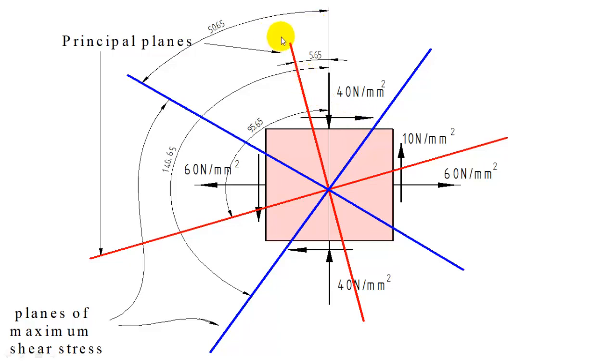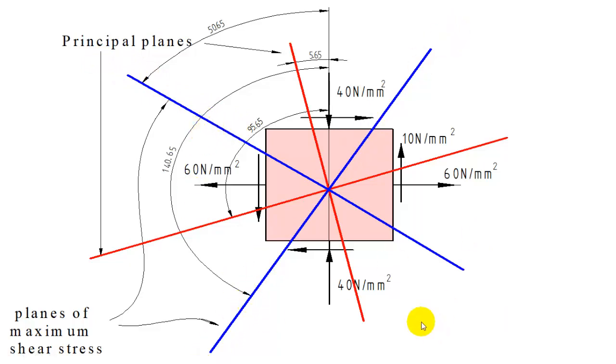If you get one of the principal planes as 5.65 degrees, just add 45 and it will give one of the planes of maximum shear stress. Add 90 degrees to the principal plane, you will get the second principal plane. To the first plane of maximum shear stress, add 90 degrees, you get the other one.